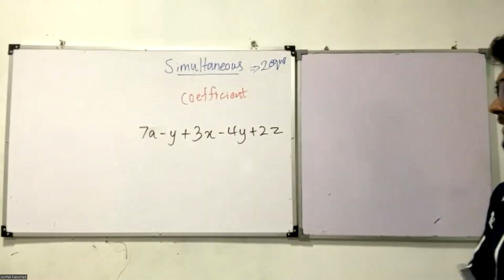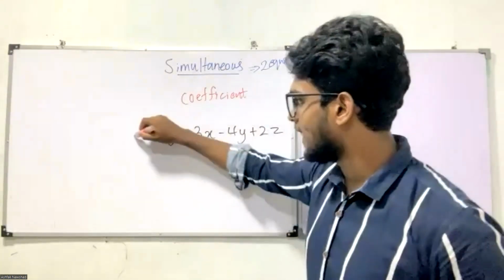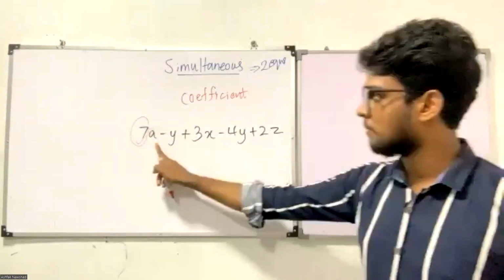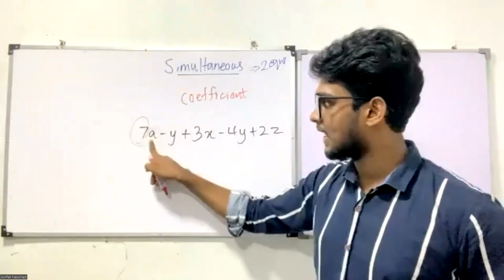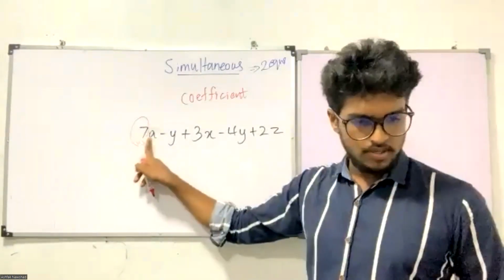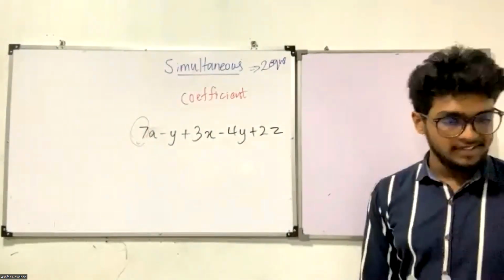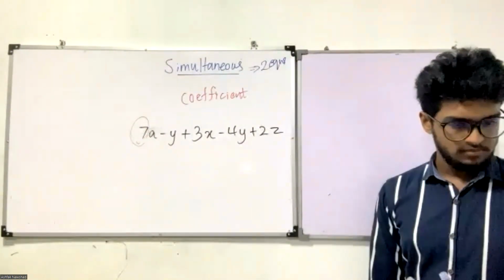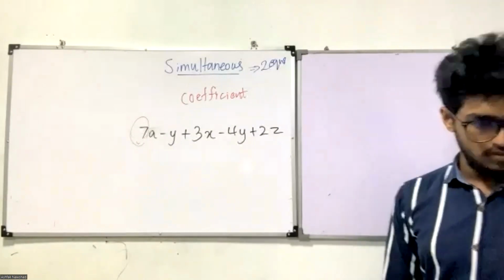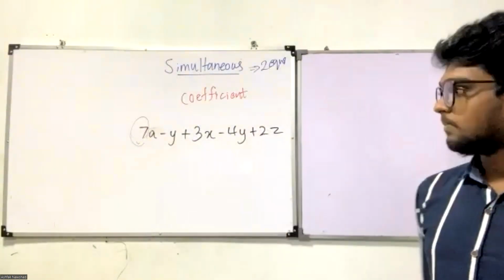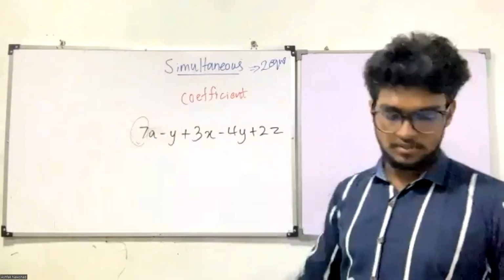The coefficient of A is 7. Yes. The number associated with A, the number before A, the number by which A is multiplied. Alright. What's the coefficient of X? 3. Good. The coefficient of X is 3. Plus 3 means positive 3. Okay.